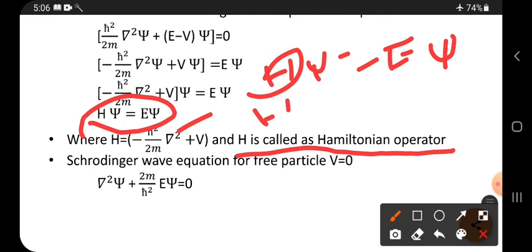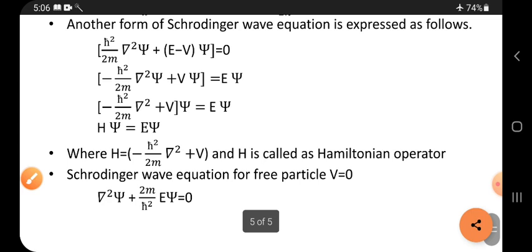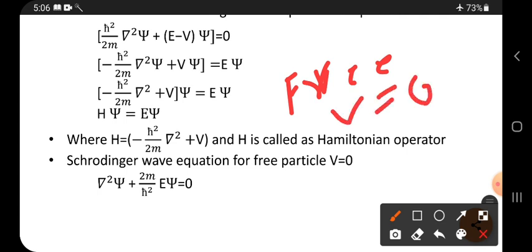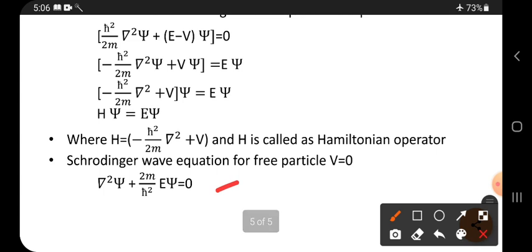Let me apply this equation, the Schrodinger time independent equation, for a free particle. A free particle means a particle which is free, meaning its potential energy becomes zero. So in the place of v, if you substitute 0, then we get this one. What is the general equation?